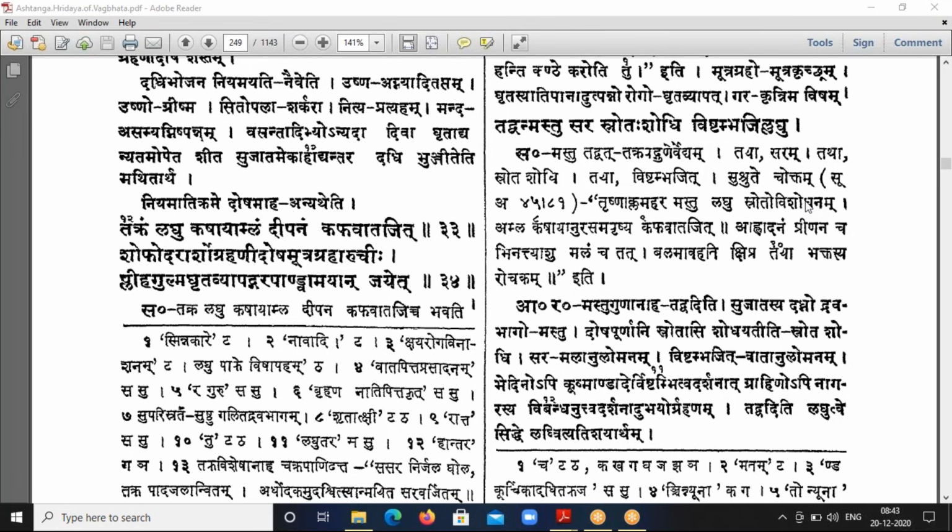Na takra sevi vyadhate kadachit, na takra dagdha prabhavanti roga, yatha surananam amritam sukhaya, tatha naranam bhuvi takramahu. So that sort of lines you can find in the nighantus. We will find a few more points and the clinical conditions where this takram is used in our next session, and then we will move forward afterwards.